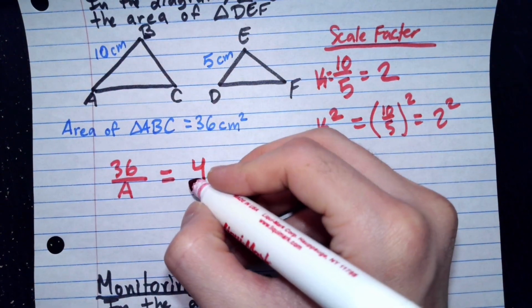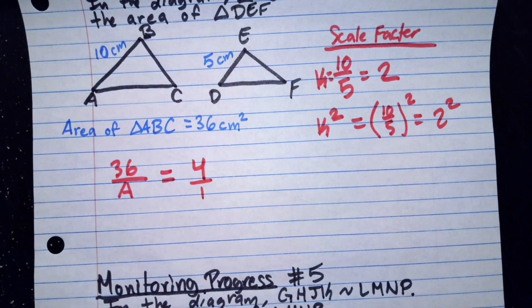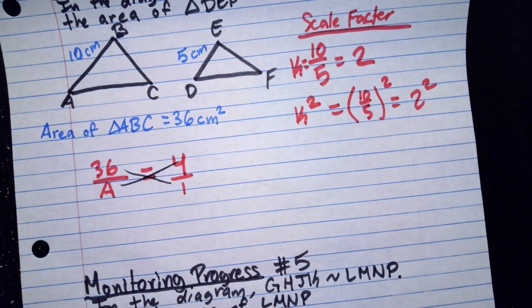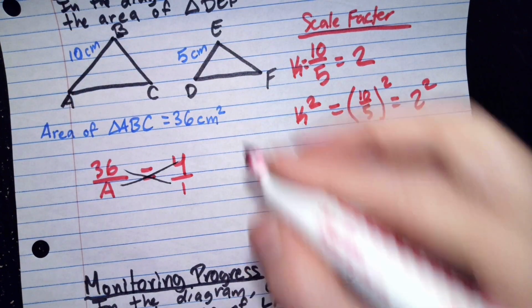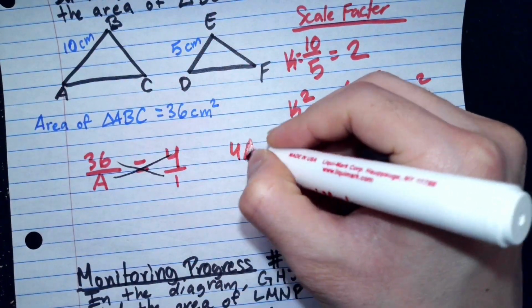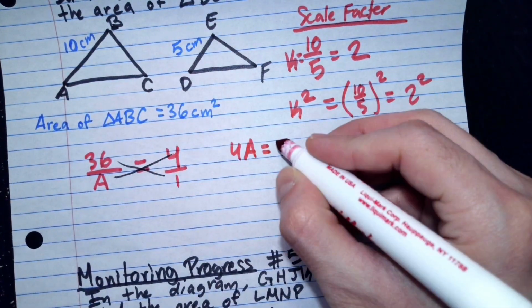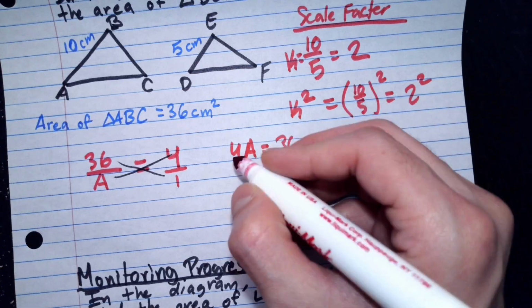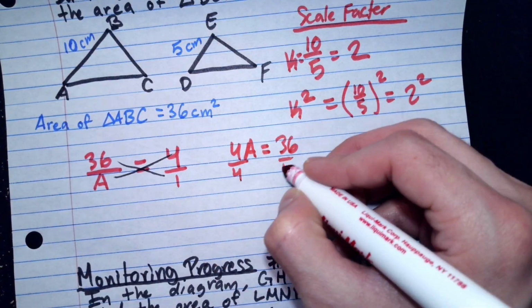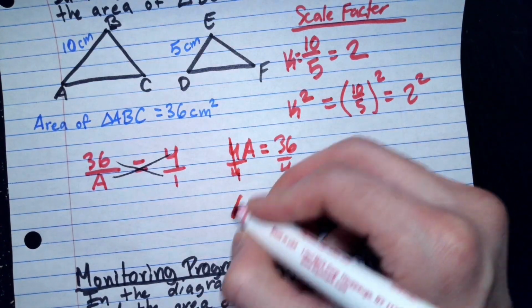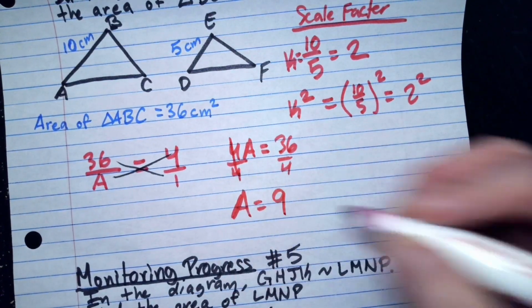Now we have to cross multiply again. We're going to make this a fraction, and we're going to cross multiply to find A. We get that 4 times A is 4A, and that's equal to 36 times 1, which is 36. If I divide both sides by 4 here, I'm going to get what I want, which is my area, which is 9.